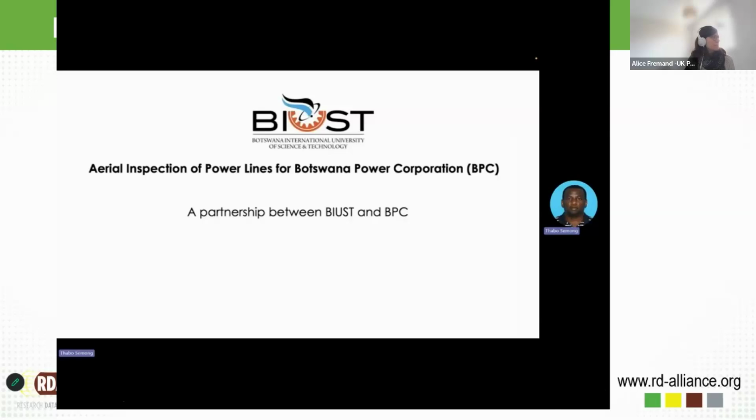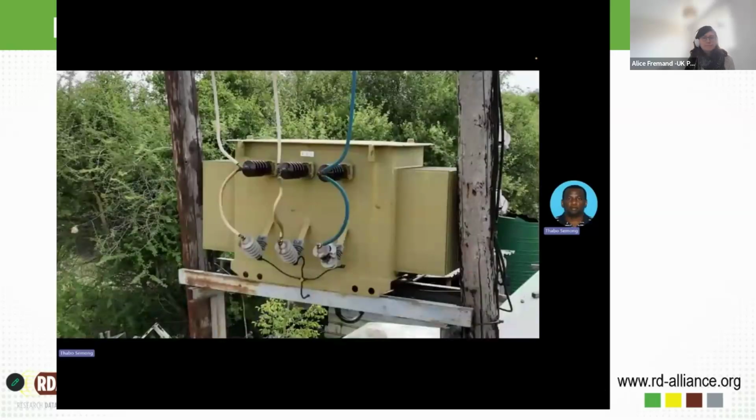So in this partnership, we were flying drones on top of their power lines and equipment so that we can identify the faults that may exist. As you can see here, this is a transformer that has a problem. Where I'm pointing, there's a broken part. I don't know what they call it, but there's a problem.